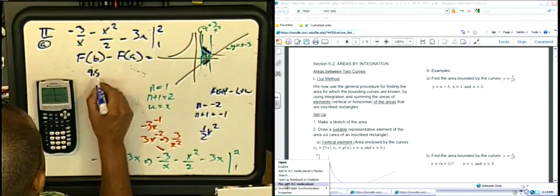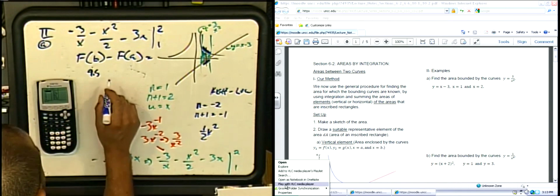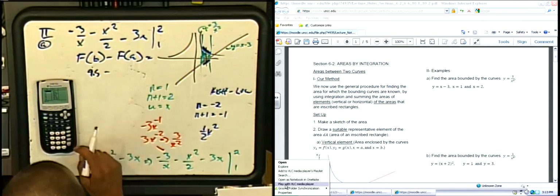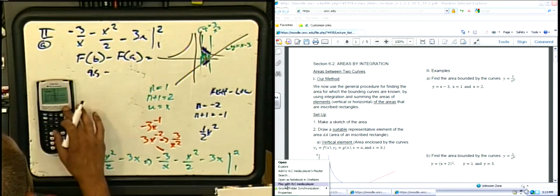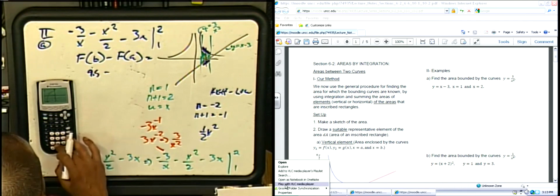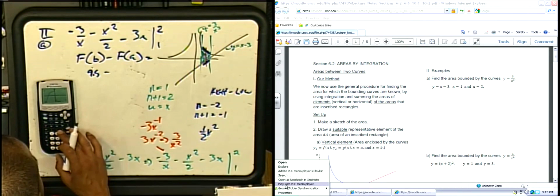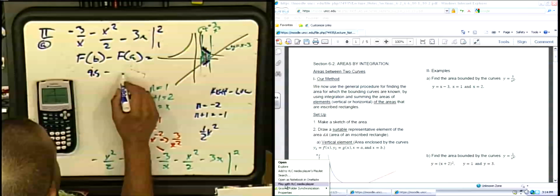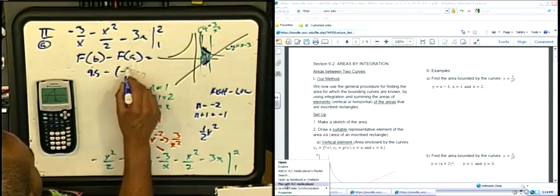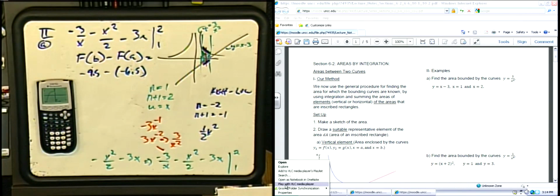That's 9.5. I got a negative 6.5. Can't have a negative area.